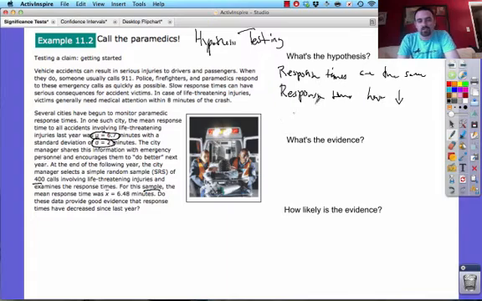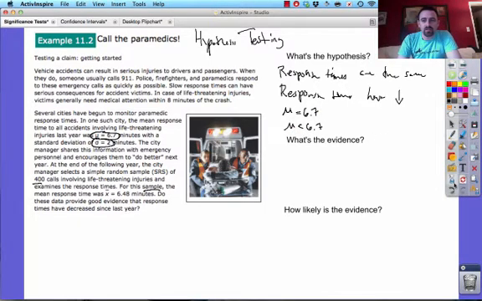Sorry, this is hard to read. What that means is it's a referendum on the actual mean. Is the mean still 6.7, or is the mean now less than it was last year, 6.7? So those are our two options.